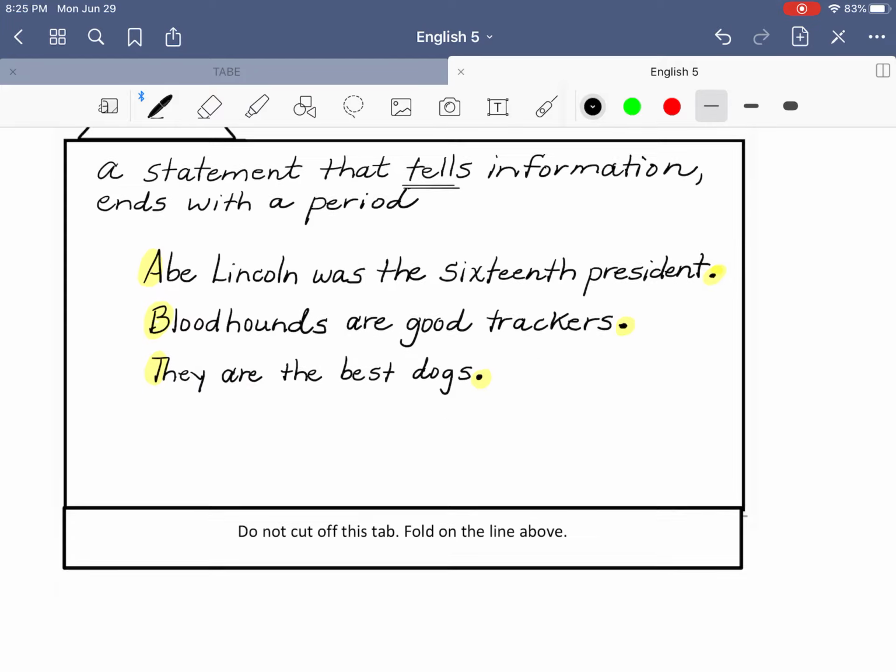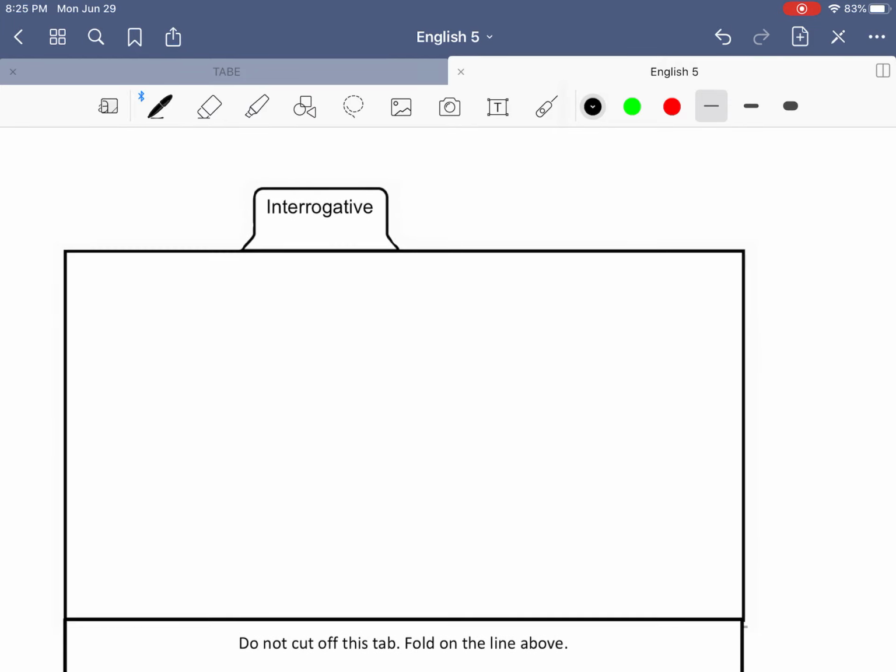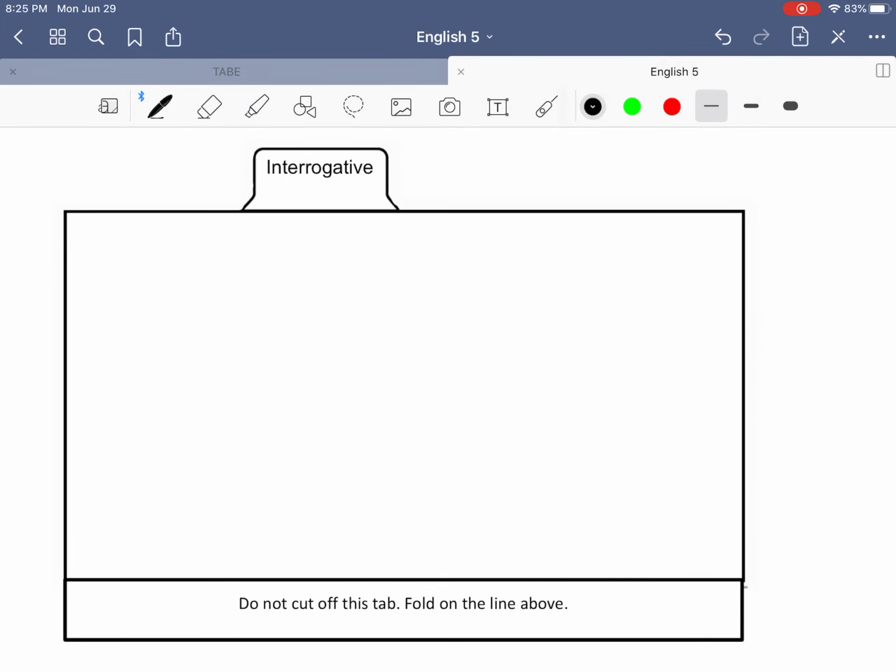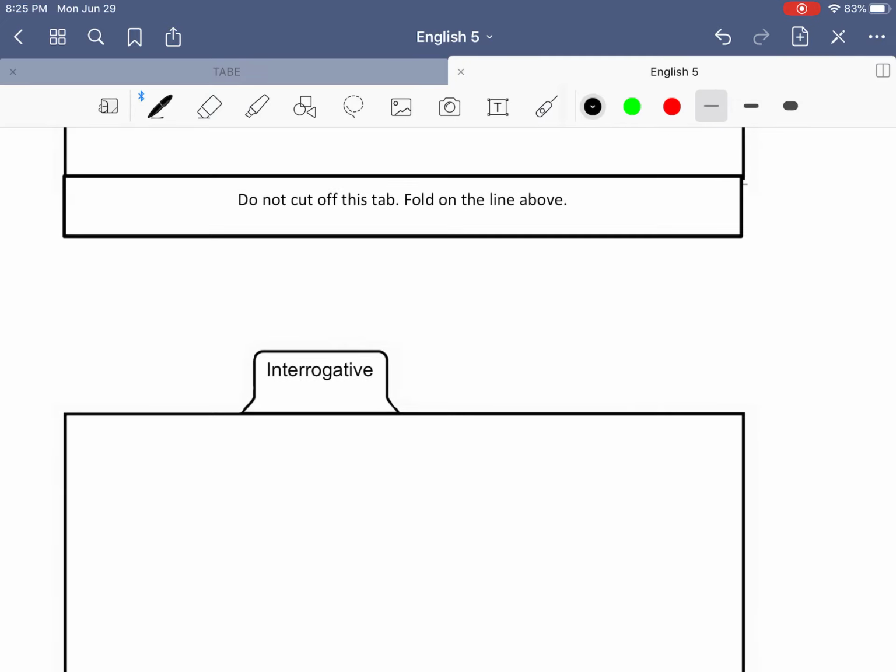Okay, interrogative. If you think of the word interrogate, police officers interrogate suspects. This is a question.